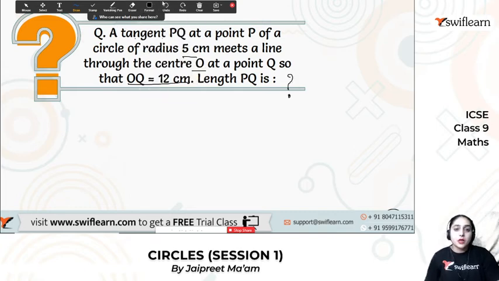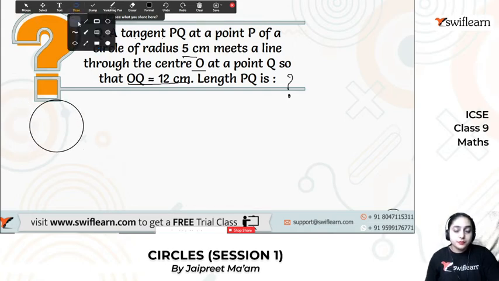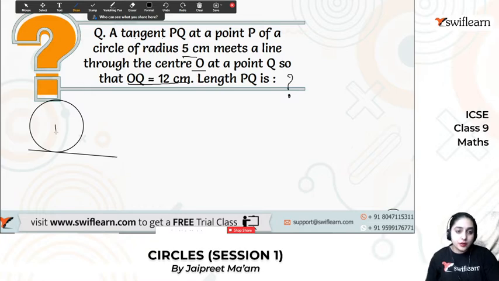First of all, let's draw a figure and illustrate it. This is a tangent and it is meeting at a point P. This is the center of the circle. We just studied a very important thing when I was discussing tangents: the radius from the center of the circle is perpendicular to the tangent, meaning 90 degrees.